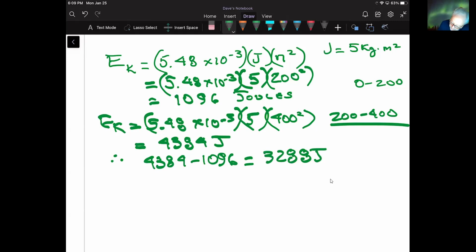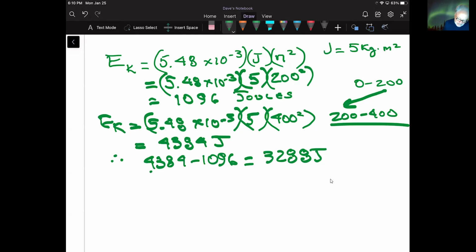Kinetic energy of rotation, so what is the amount of energy to go from 200 to 400? Well, we start at 200, so we're already at 1,096. That energy was already input. So going from 200 to 400, it is the joules at 400 minus the joules at 200.